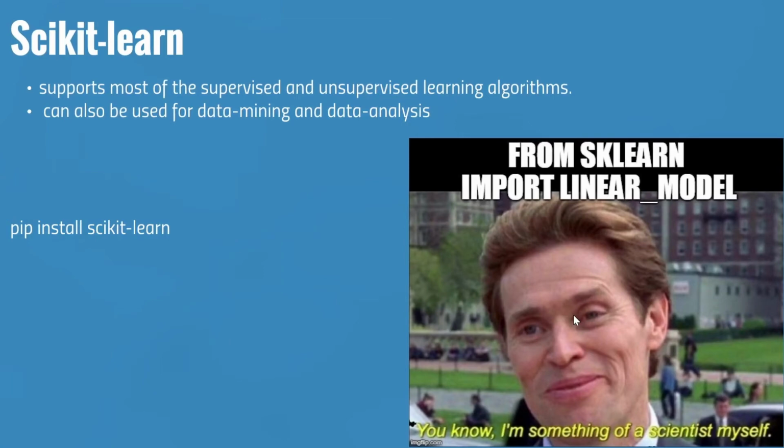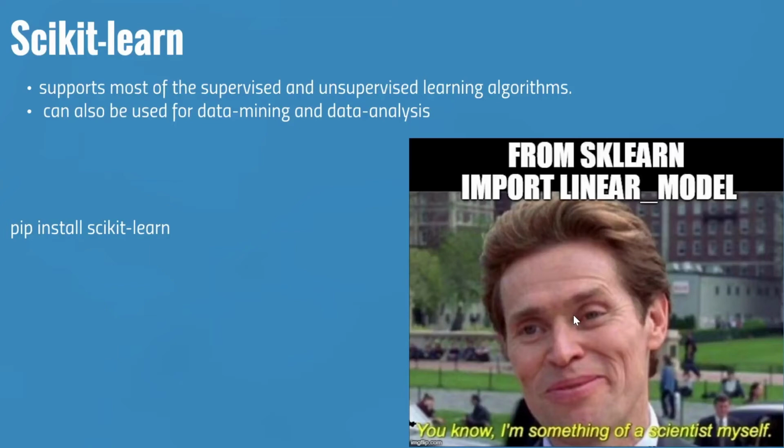Now after NumPy, we have Scikit-Learn. This is the most important library that you have to have whenever you are dealing with machine learning programming. Even if you want to go for linear regression, logistic regression, decision tree, random forest, you name it, this particular library contains each and everything.